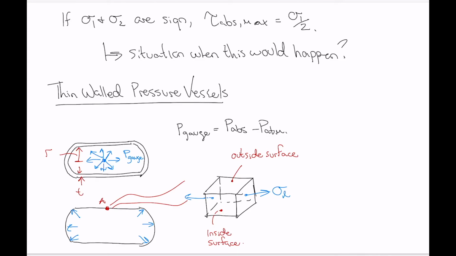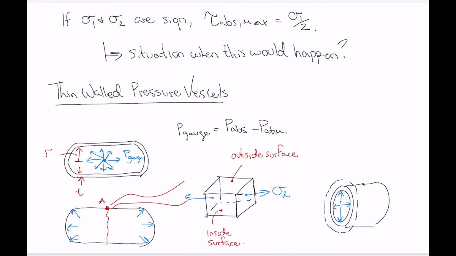Now, we've also got another stress in the wall. If we take the tank and sort of chop it in half through point A here, our pressure is also acting out radially like this, and that pressure is acting to expand the circumference of the tank.